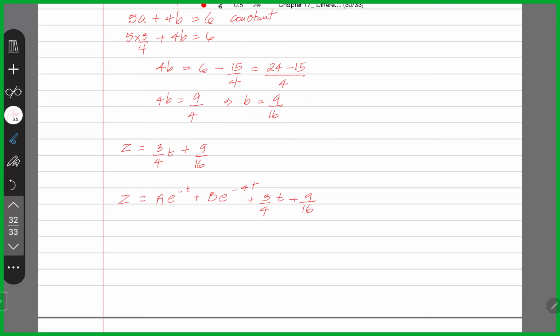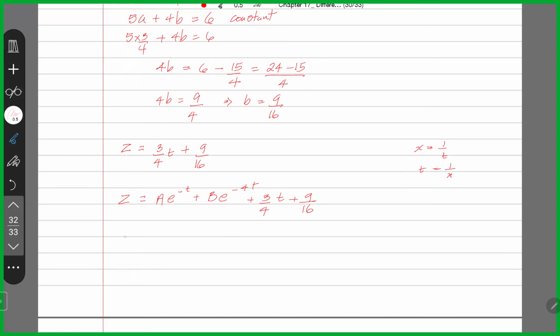We need to get z in terms of x and not t, remembering that t is equal to 1 over x, because remember x was equal to 1 over t, and so t would be equal to 1 over x.